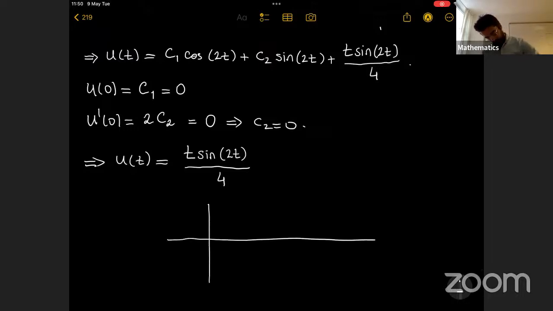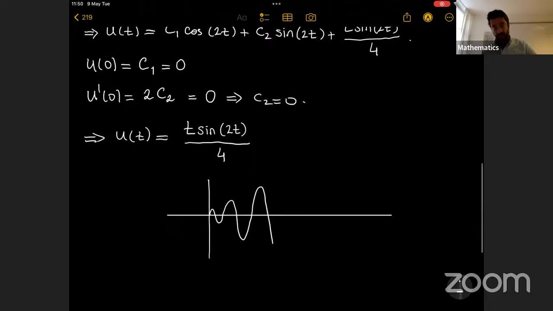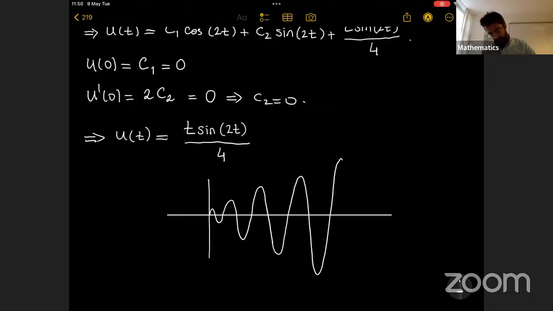This. At 0, it is 0. And as t goes to infinity, it goes up and down with sine. It's like that, and continues like this.